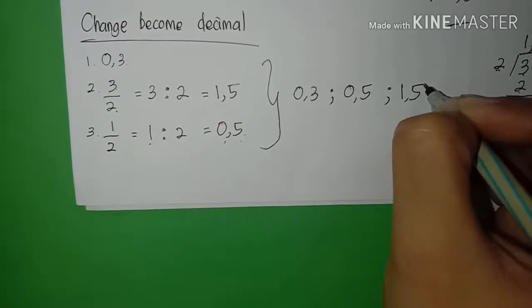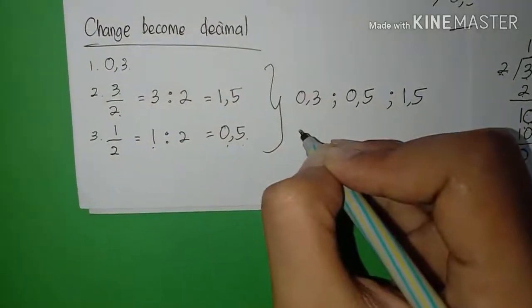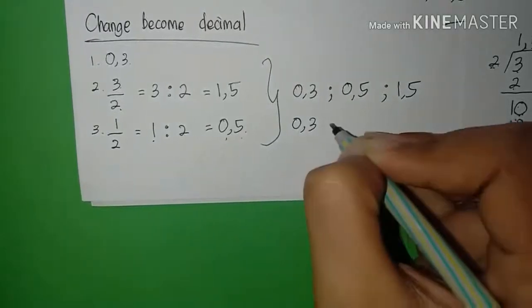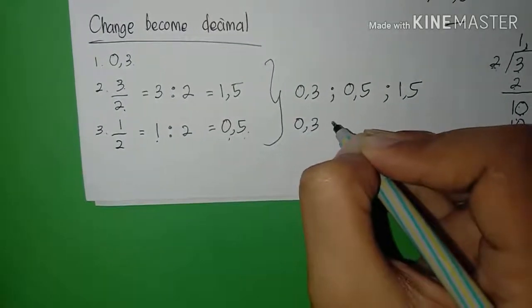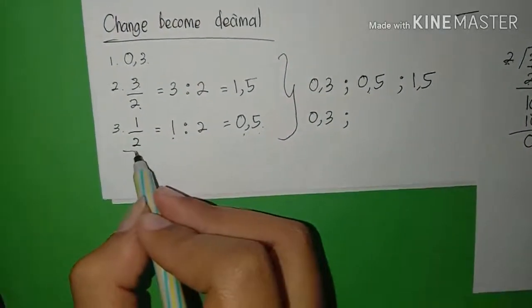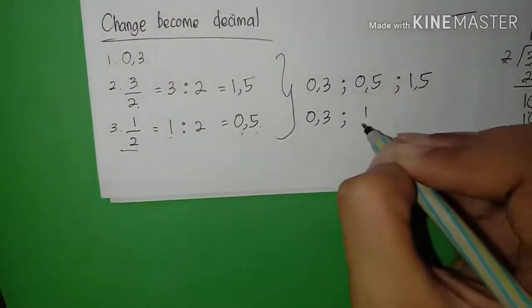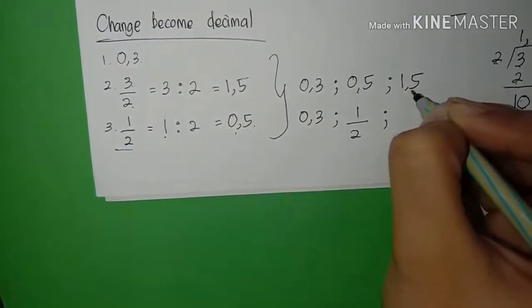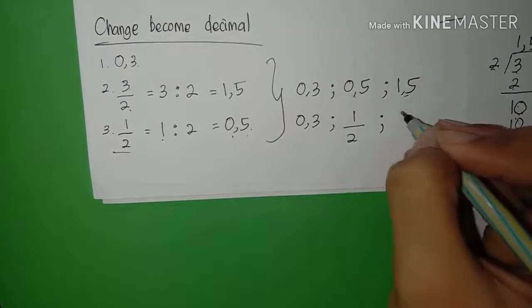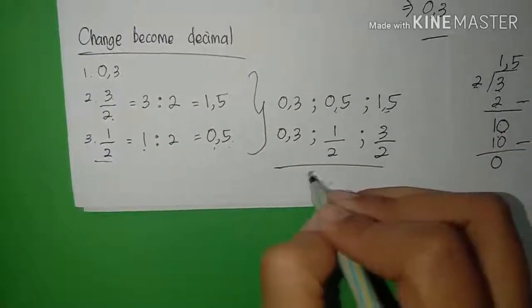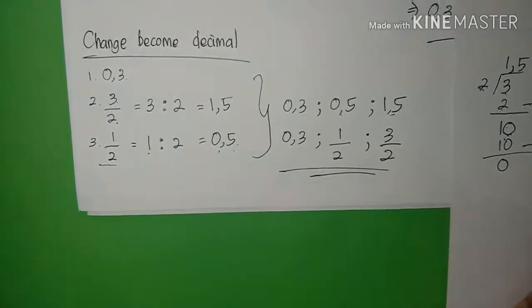We return to the original types: 0.3 is still 0.3, and then 0.5 is 1 of 2, and the last, 1.5, is 3 of 2. So this is the result.